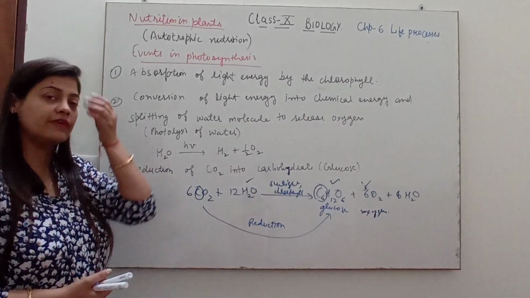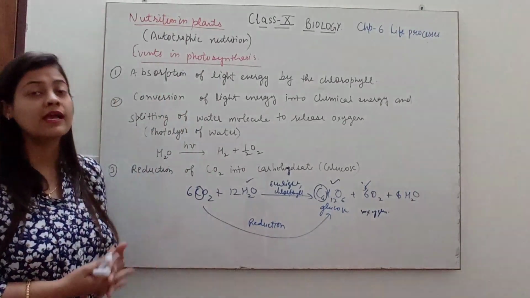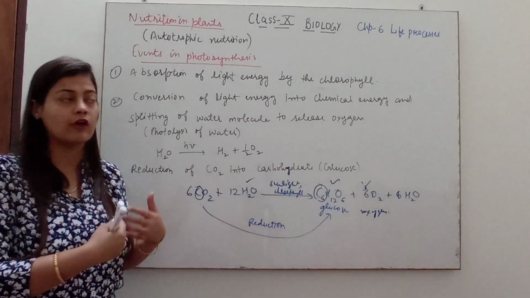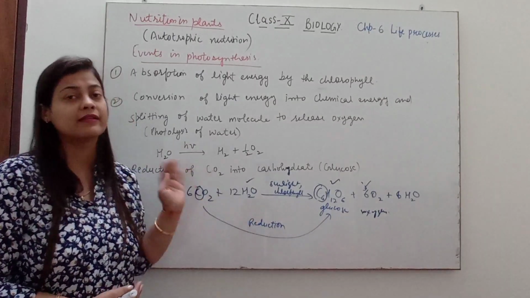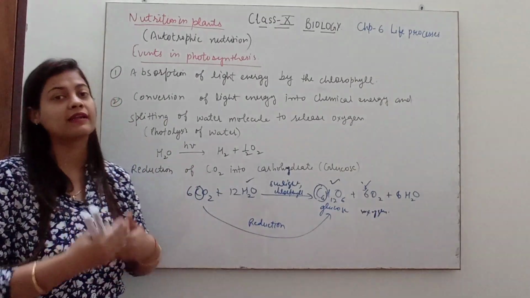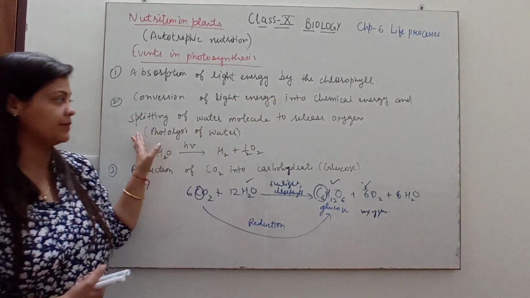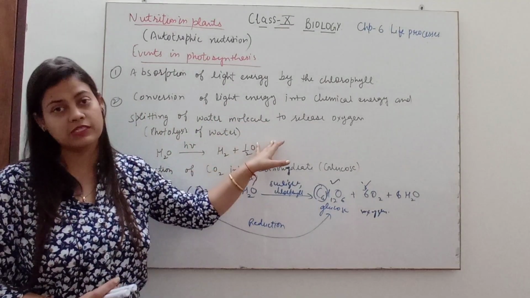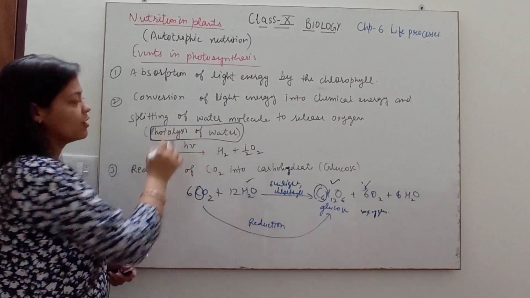It is not that all three events happen at the same time, but you should be clear that the chlorophyll will first absorb the light. That light will then be used to convert light energy into chemical energy, along with the splitting of the water molecule to release oxygen, and this splitting of water is called photolysis of water.